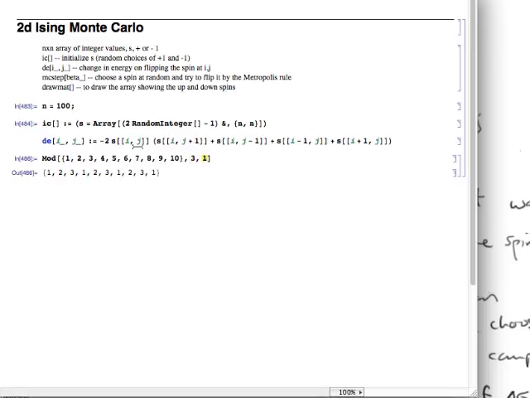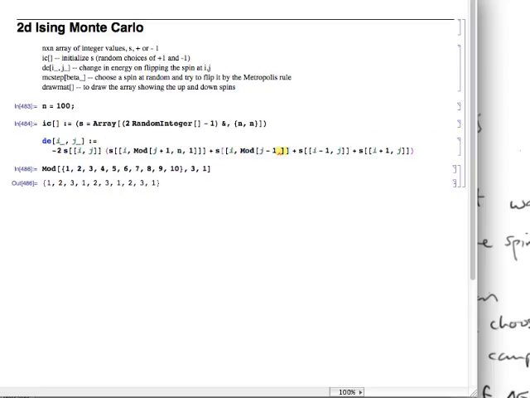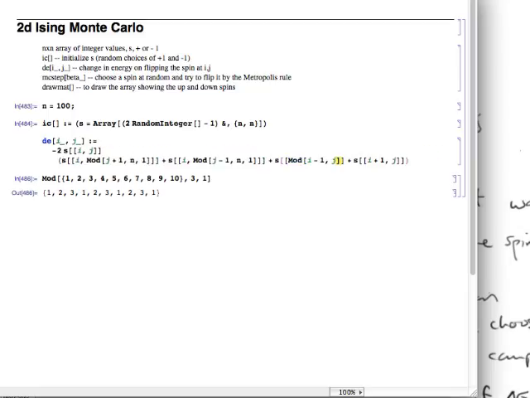Okay. So what all that means is that we want to wrap any of these shifted arguments in mod n with offset 1, and that will protect them from going off of the board.